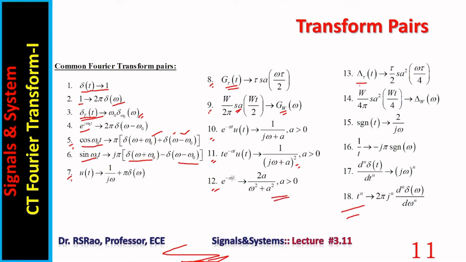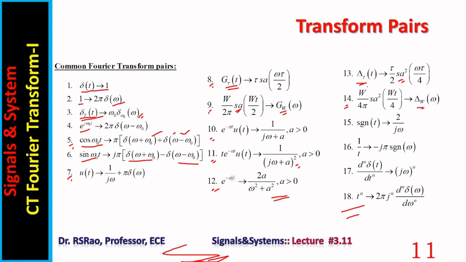In 13, a triangular function is considered Fourier transform. For this triangular function, it is found as sampling function square. In 14, sampling function square is considered in time domain and its Fourier transform is found to be a triangular.